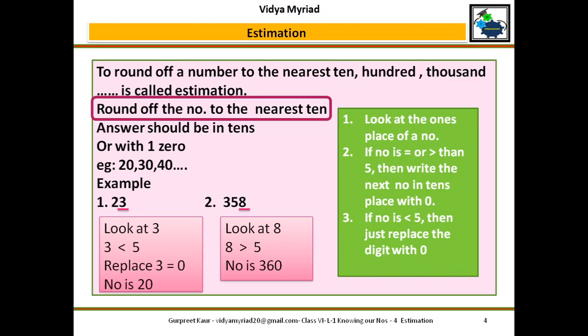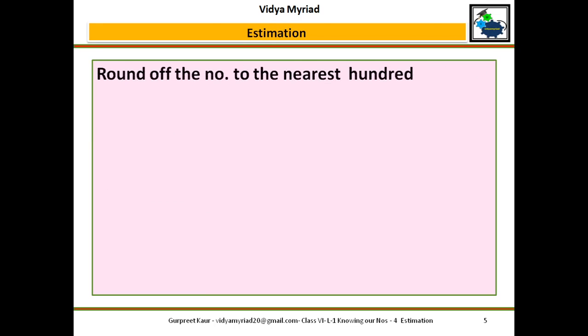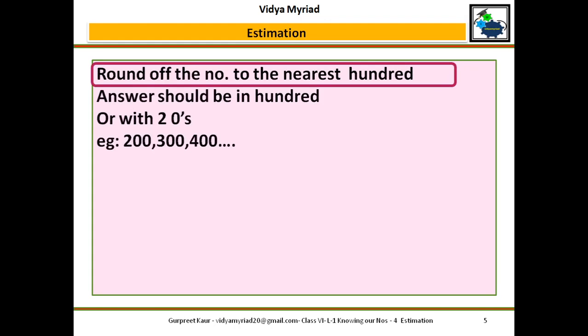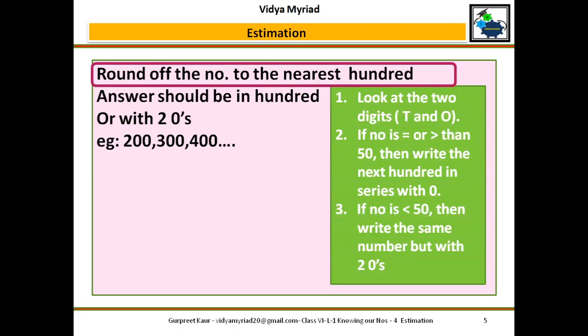Now let us see how we are going to convert to the nearest 100. Simply, 100 means there should be two zeros now. Like in the tens place there should be one zero, in the hundreds place there should be two zeros. So what is the rule over here? I need to consider 50 in this case.